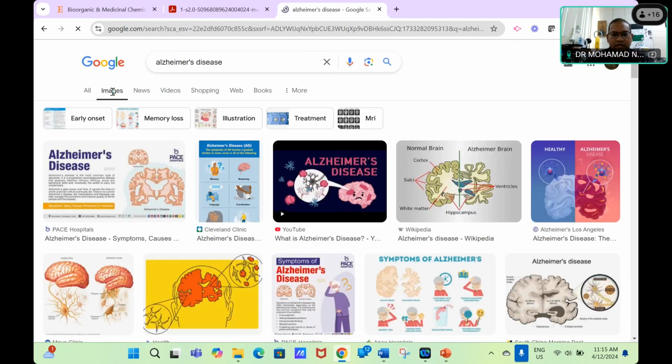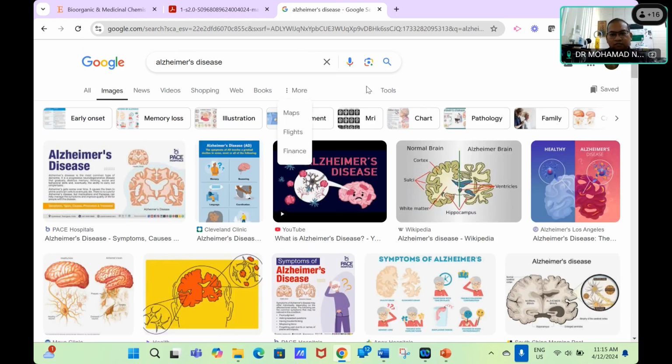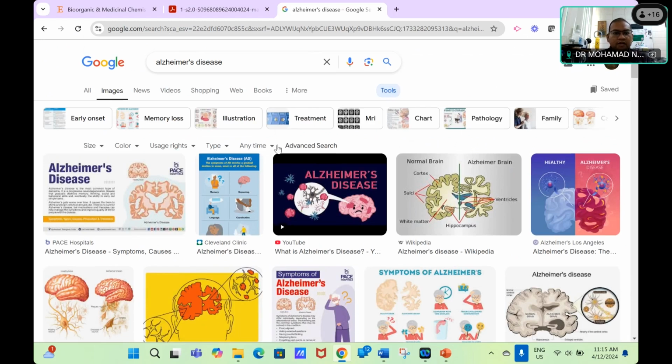Go to Images. Because there is a problem with copyright, right? So what you can do is go to Tools, and go to Usage Rights. I think you have to explore by yourself.